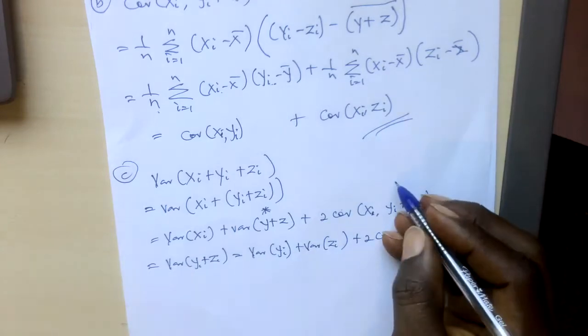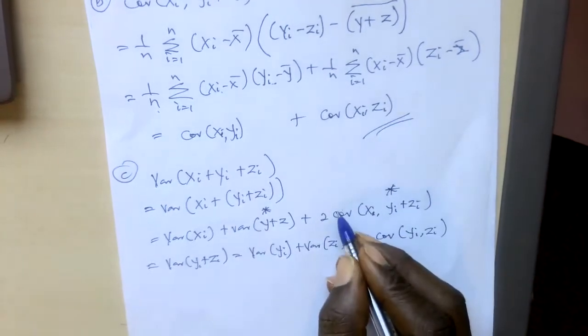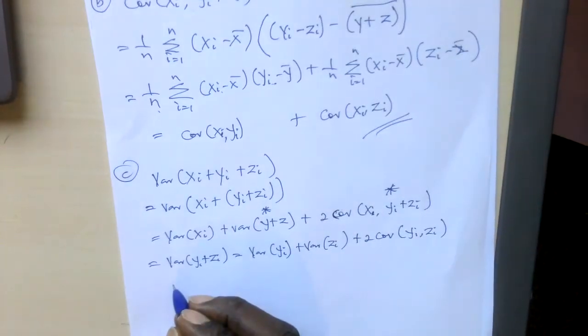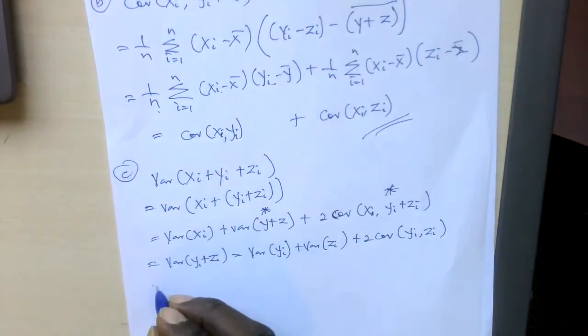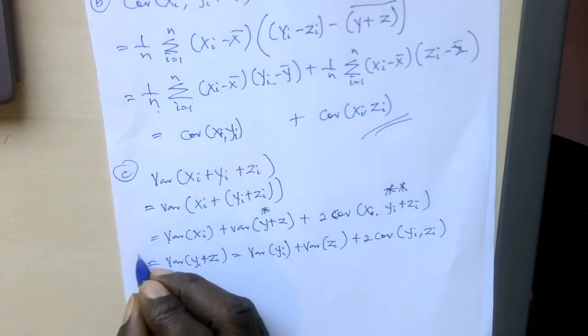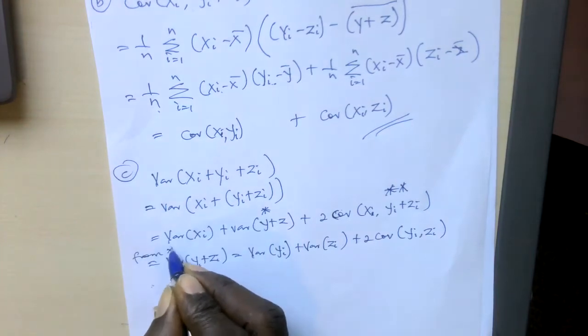Then later we can now open up this guy too. This is just covariance, it's not variance, it's covariance. Because it's covariance, we can express that as star star. So this is from star.